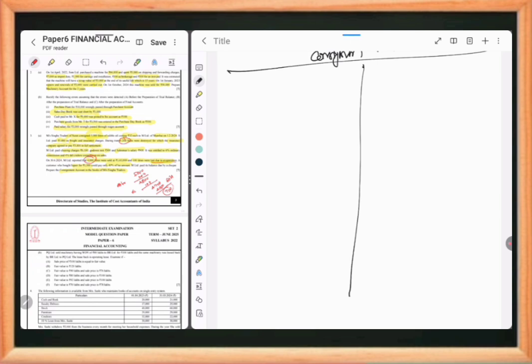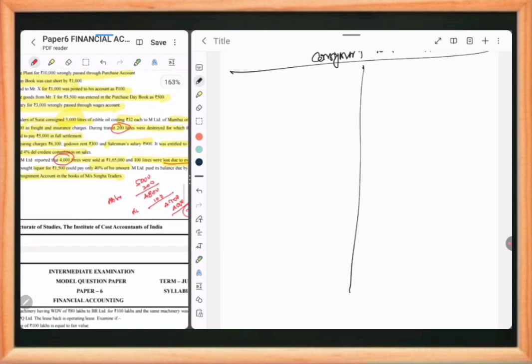So first, goods sent on consignment. How many liters of oil? The edible oil, 5,000 liters we sent at 32 rupees. So to goods sent on consignment, how much? 5,000 into 32, that means 1,60,000 rupees, the goods sent on consignment.